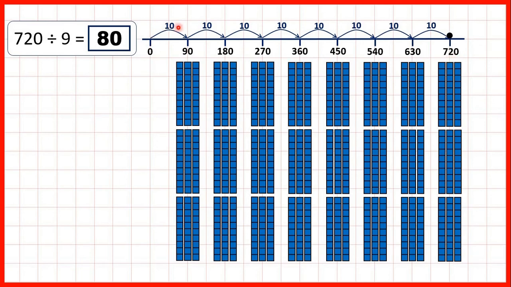So we've made 8 jumps of 10 times 9, so we've made 80 jumps altogether, and that's why 720 divided by 9 is 80. And again, counting in steps of 90 is just like counting in steps of 9, but with zeros in our ones.